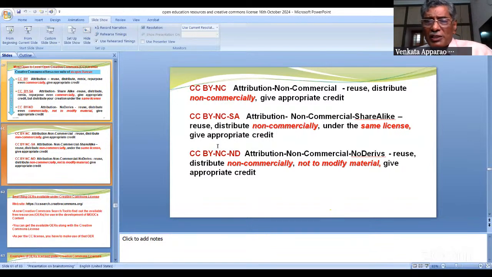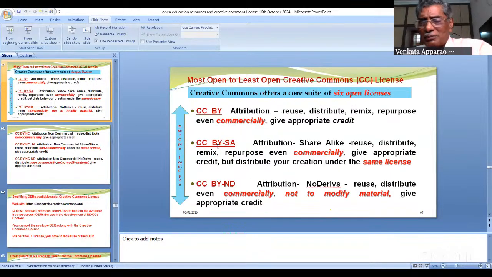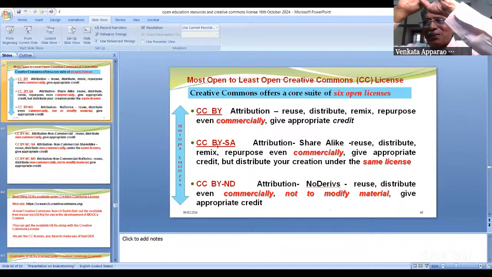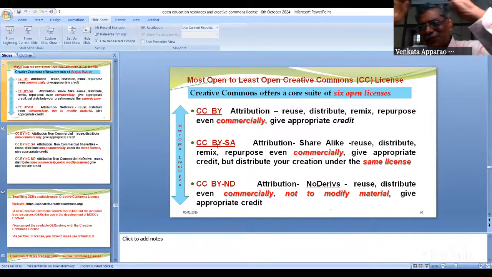I cannot use that content and publish it in the form of a book and earn money. No, not allowed. CC BY, you take it, you use it even commercially also. You modify it, you publish it in your name, and get the license again in your name. Most open license.